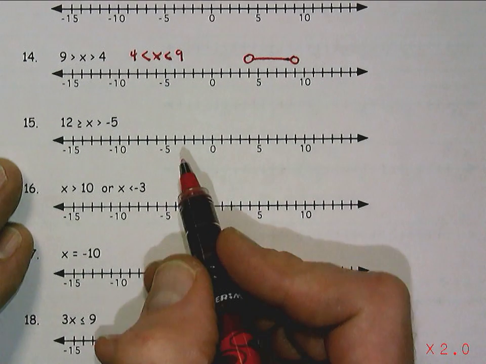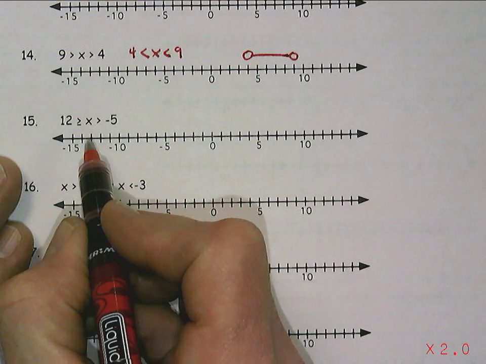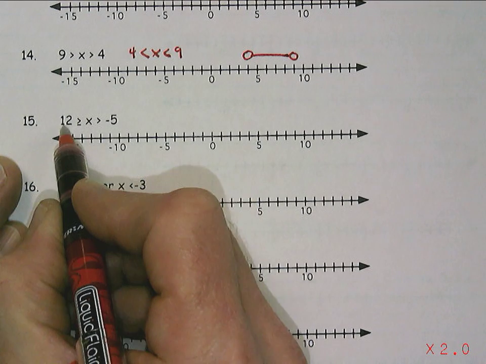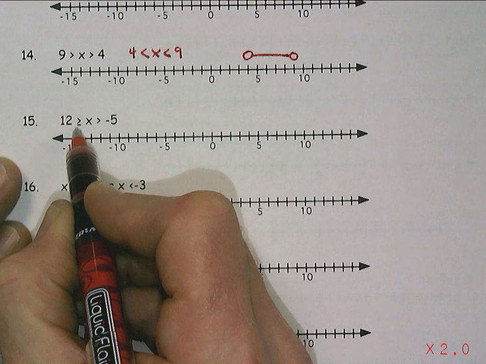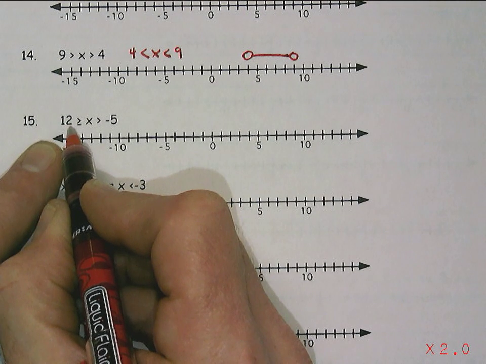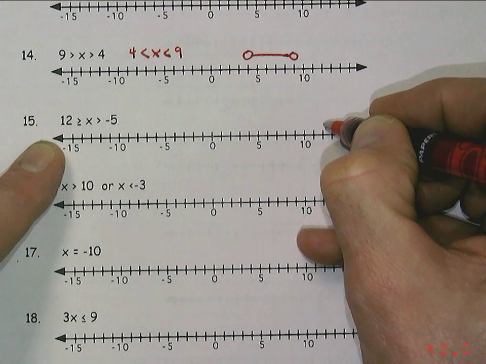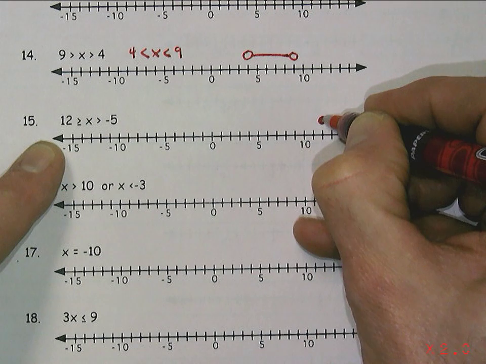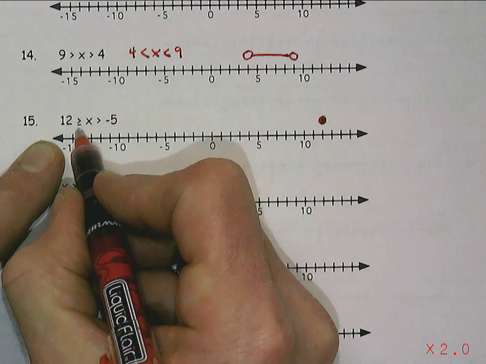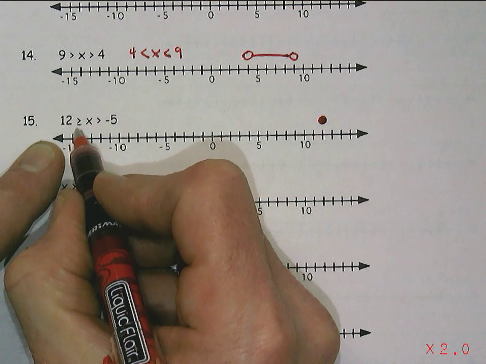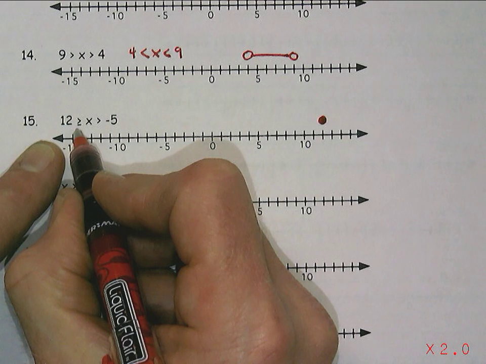In number 15, similar situation. We know that x is between these two, but it includes the number 12. It says 12 is greater than or equal to x. So if I go up to 12, it's going to be a solid dot because of the greater than or equal to symbol. So it also includes the 12.